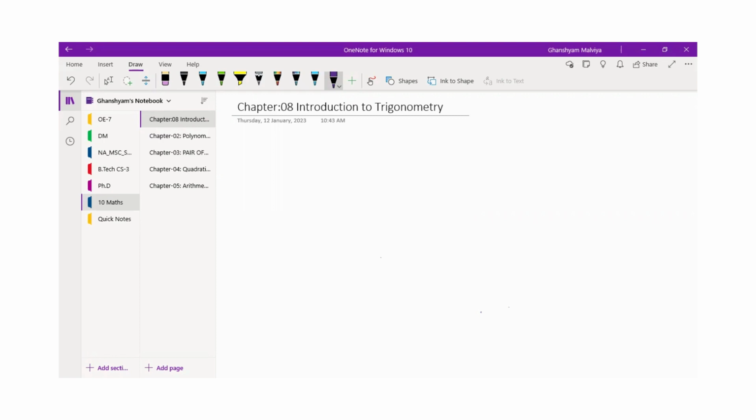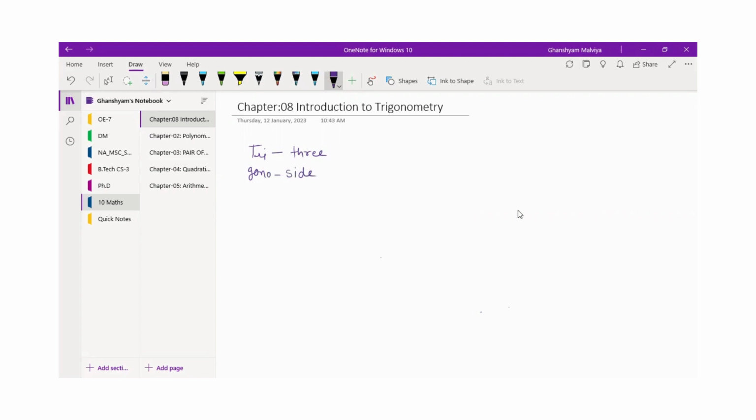We will start with trigonometry. First we need to understand the meaning of trigonometry. Trigono, gono, it shows the side.